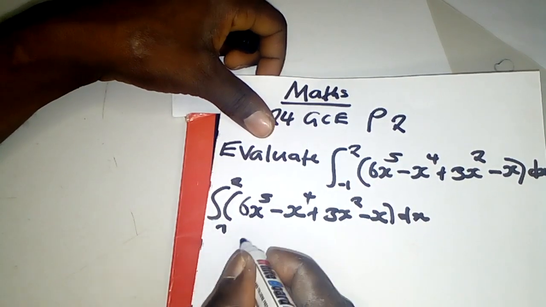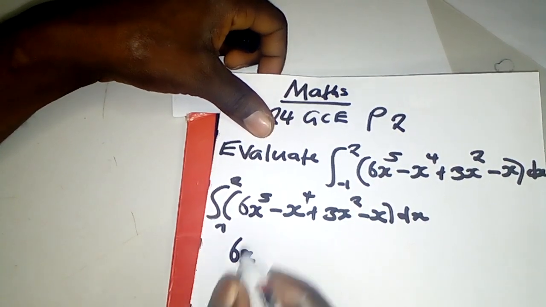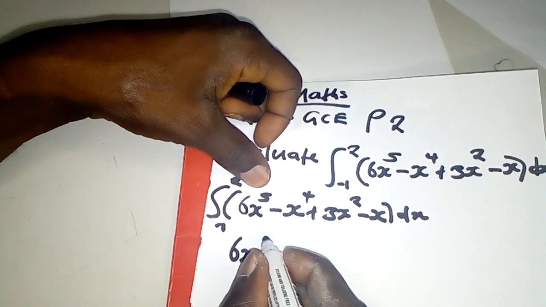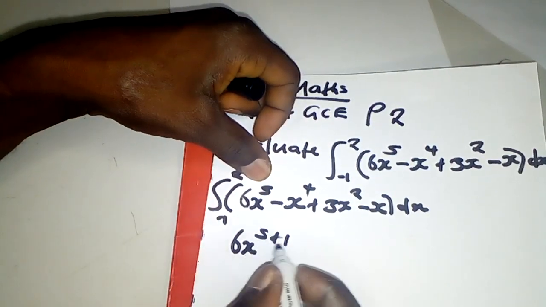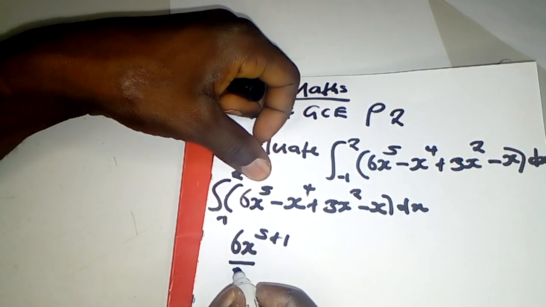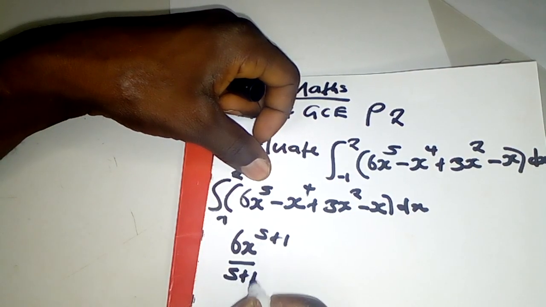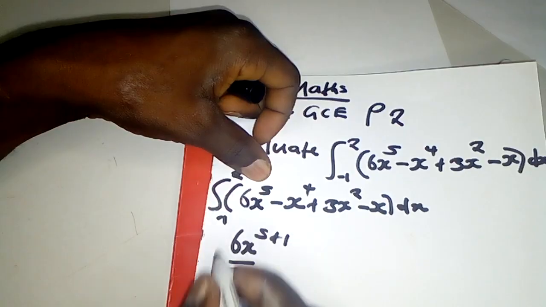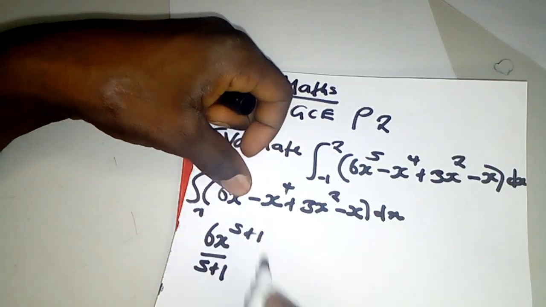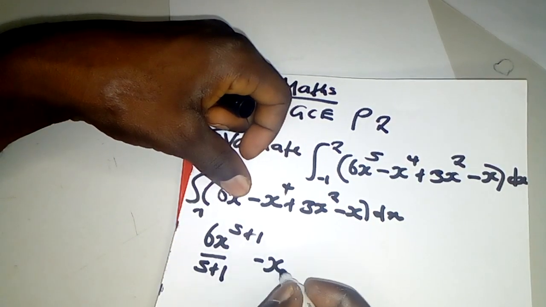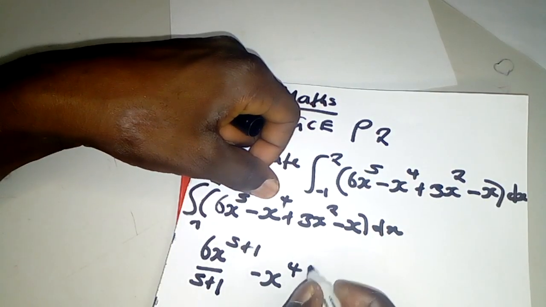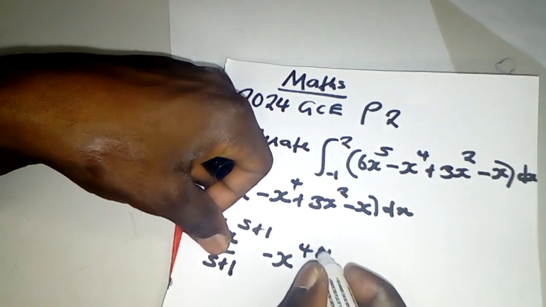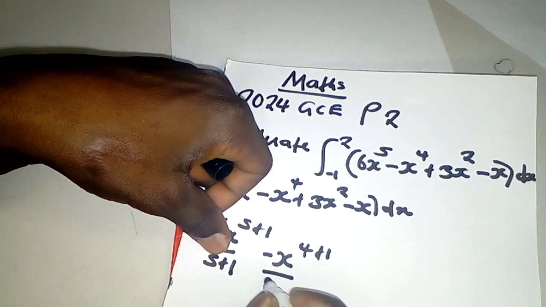So here we're going to write 6x, then this 5 here, we are going to increase by 1. Then the same power here, we are going to divide it. So 5 plus 1. That is it on this part. We proceed. Minus x. x has got a power of 4. So we're going to increase this 4 by 1 and get the same power and divide it.